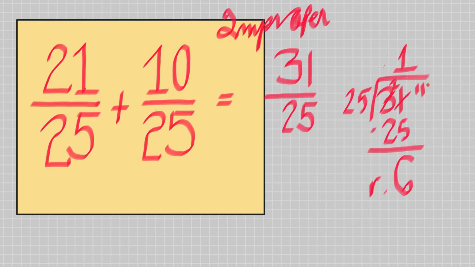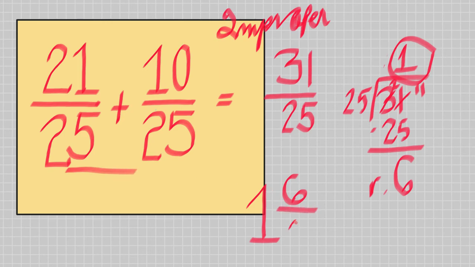So the quotient here is 1. That will be our whole number, 1. The remainder, which is 6, will be our numerator, and simply copy the denominator, which is 25. Now try to check. Is our answer final? How about the proper fraction here? Yes, it's final.